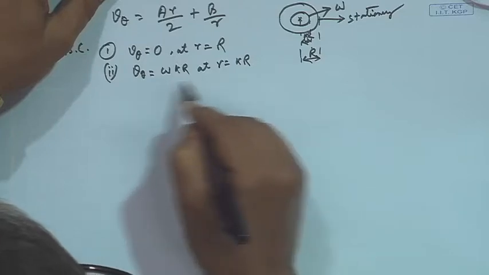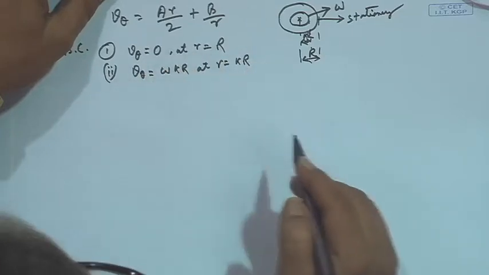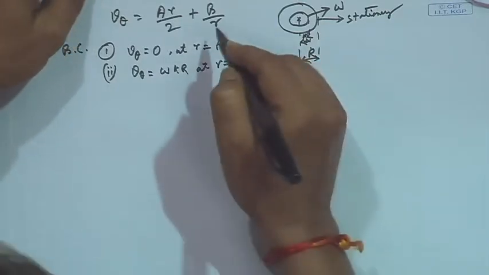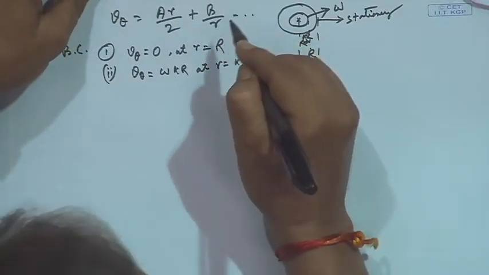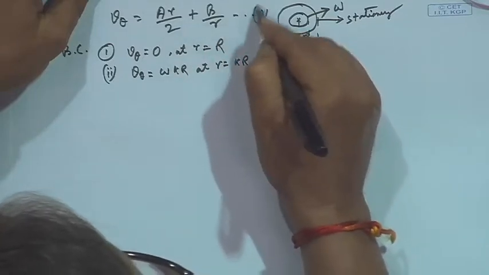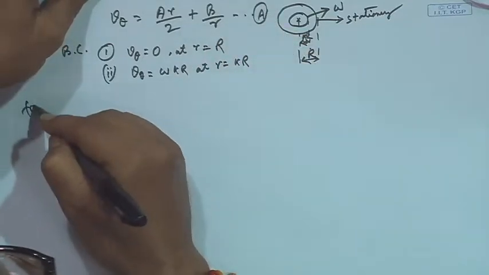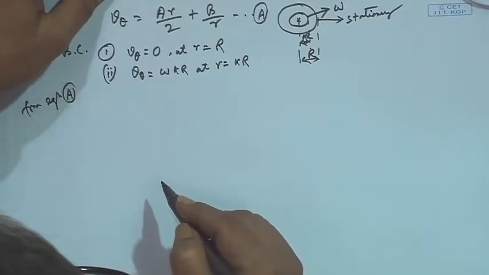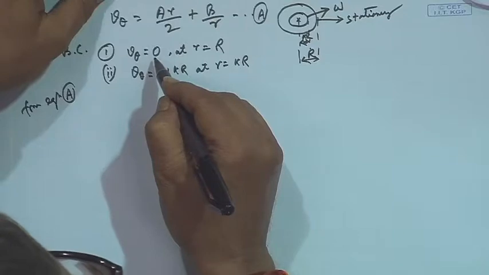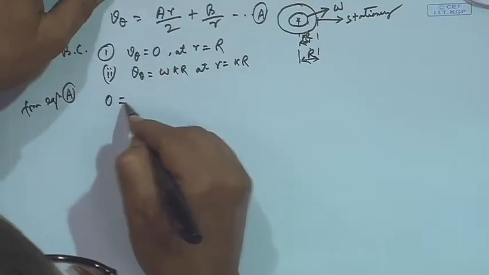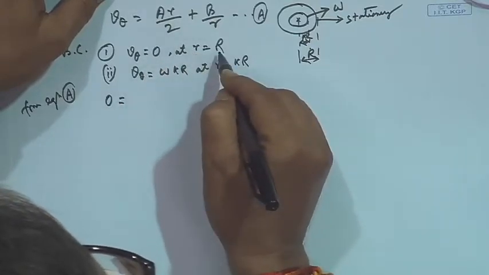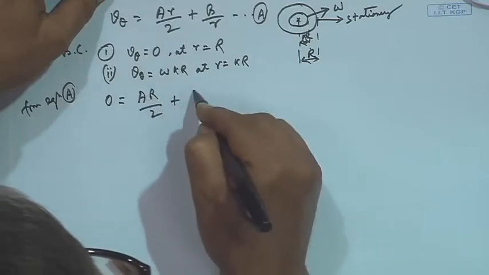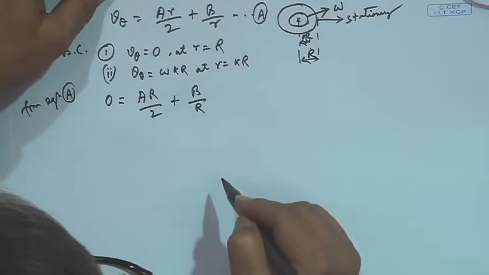So, if these are the two boundaries, then we can substitute them in this equation, which we wrote as equation A. Then from equation A, we can write that V theta equals 0 at R equals R. So, 0 equals AR by 2 plus B by R, right.